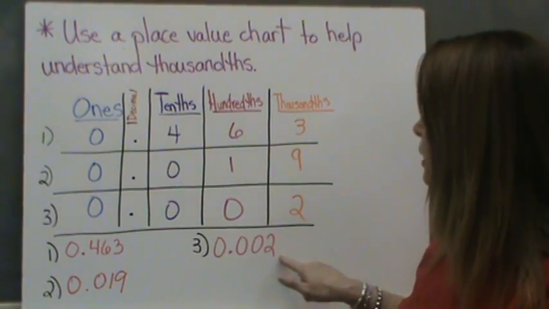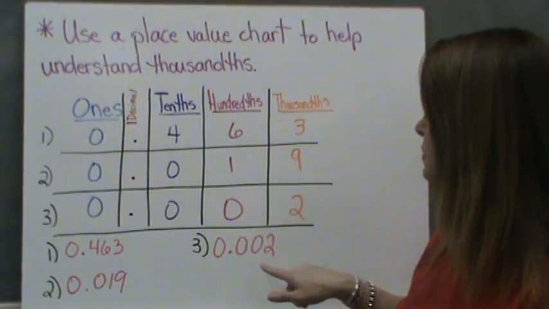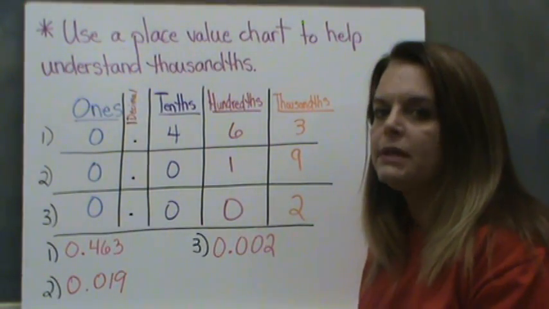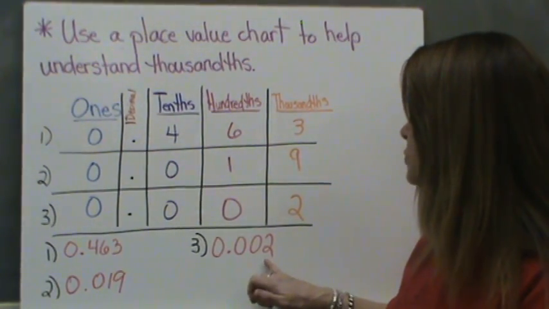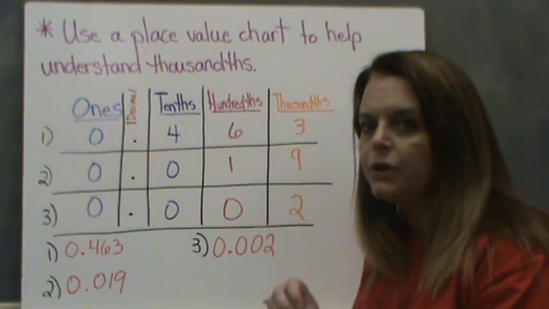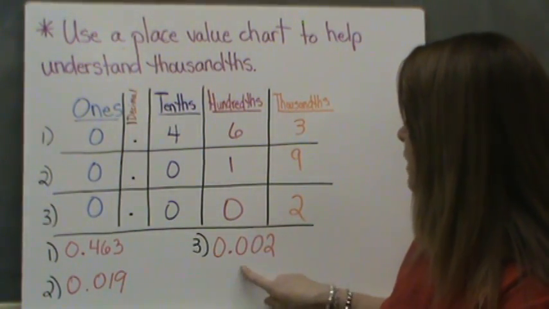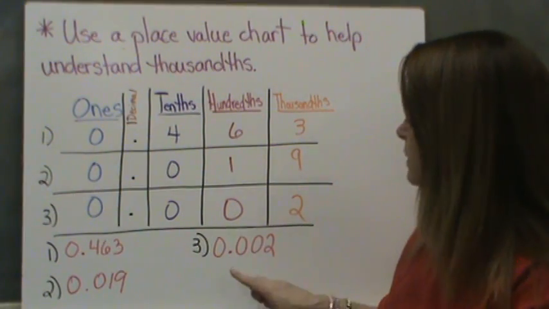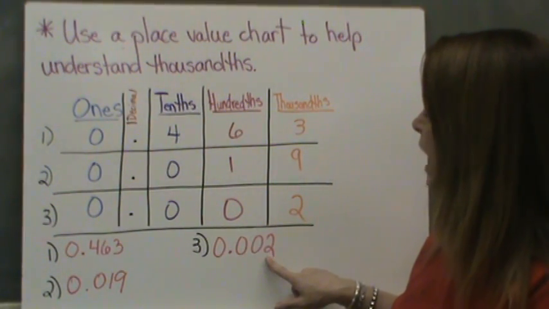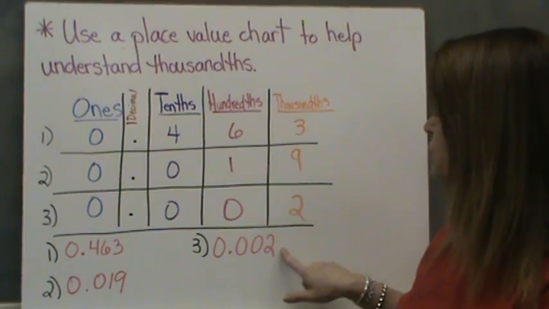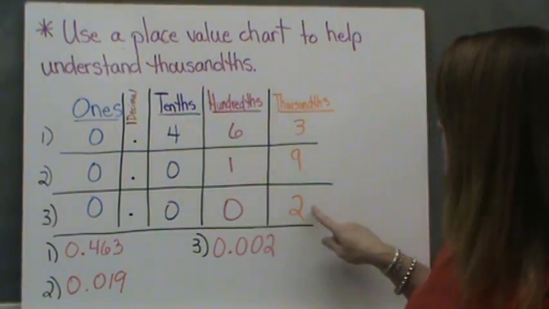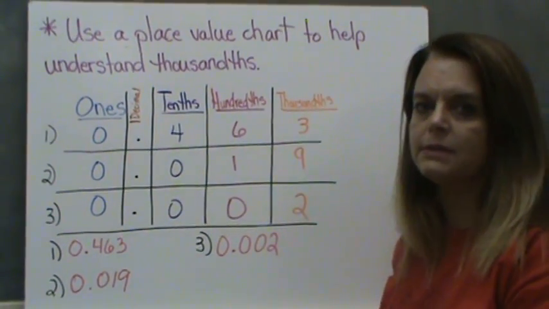So if I look at this to the right of my decimal, I have a 2. But what's important is what place that 2 is in, because that's going to be the last word I say when I read this number. So if I look at this, I have tenths, hundredths, thousandths. So this number is 2 thousandths, because my 2 is in the thousandths place.